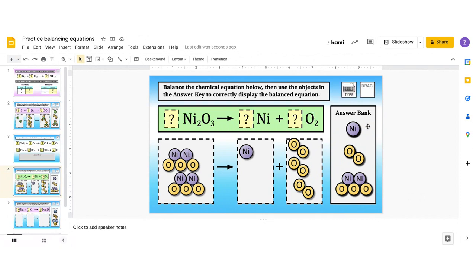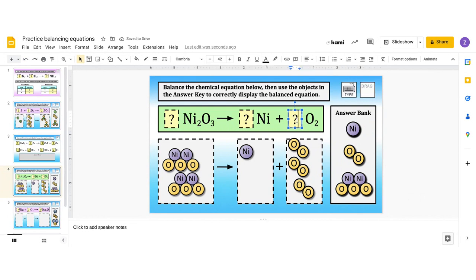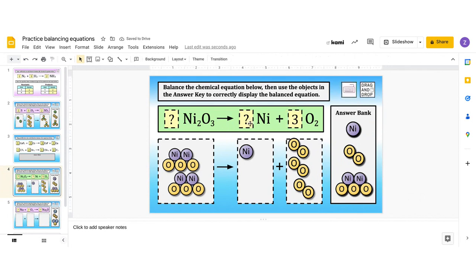O2 means a 3. Yeah, 3 pairs of 2 make 6, right? How about the Ni2O3? What are we going to put in front of that one? 2. Right.